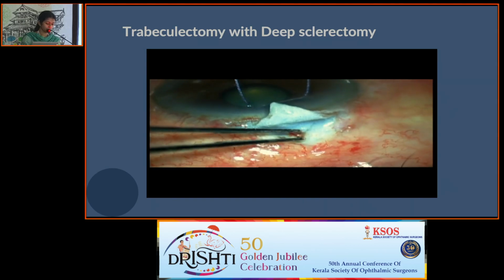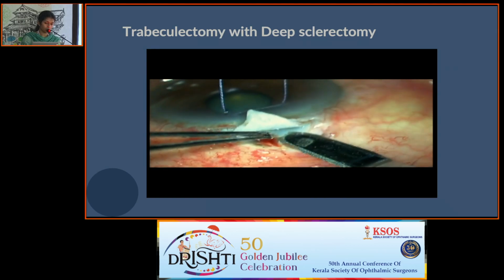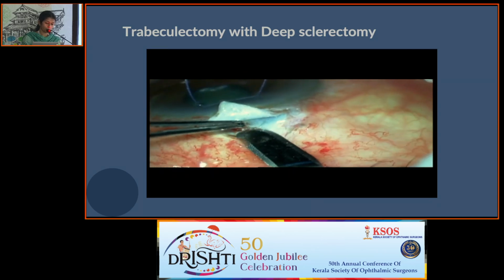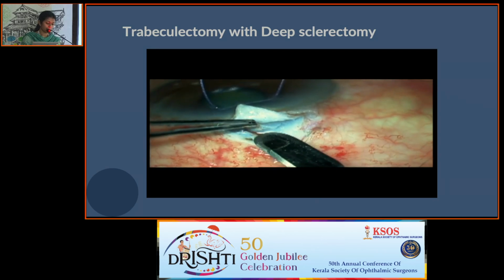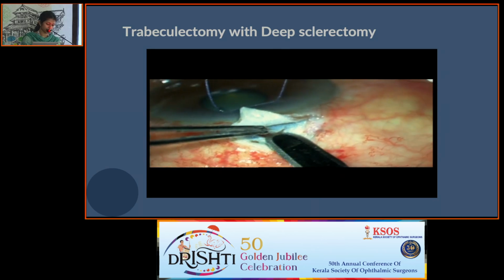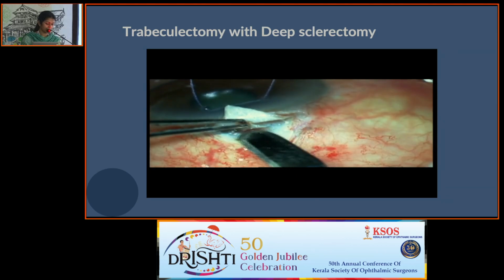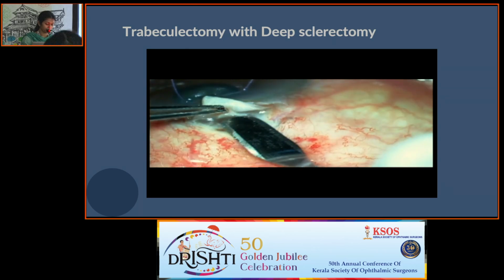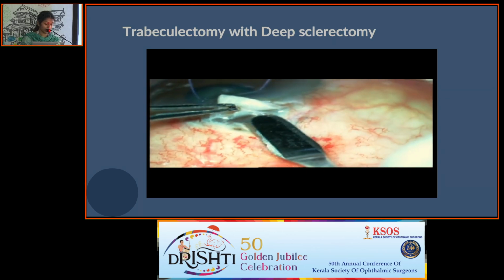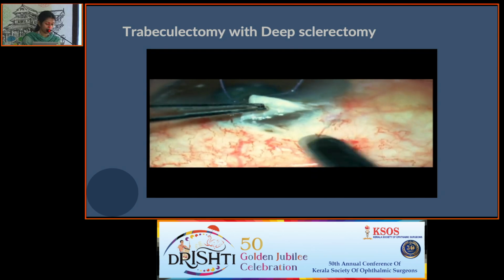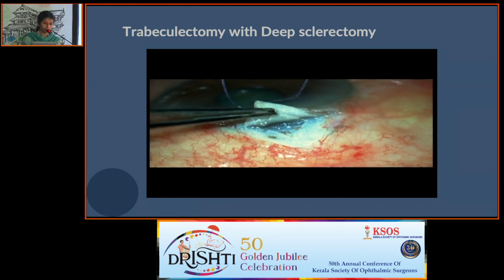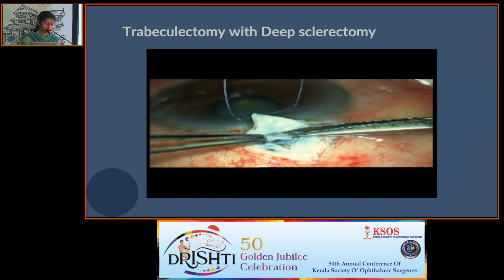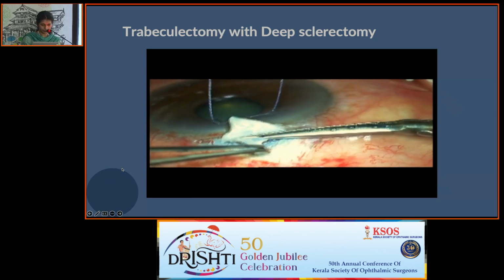Then a 3 × 2 mm flap of deep sclera was dissected under the superficial scleral flap, extending up to the limbus and cut with Vannas. The anterior chamber is then entered under the superficial scleral flap, and trabeculectomy is done as in the conventional trab method, followed by a peripheral iridotomy, and the superficial scleral flap is repositioned.